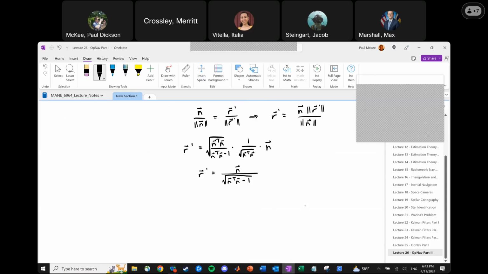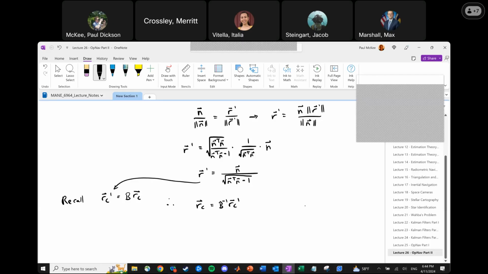Okay. So recall that RC, so we dropped the C subscript. This is the position in the camera frame prime. Well, that's just B or C. So the R, which is this R, is a scaled form of the actual position of the spacecraft. Therefore, we can say that the position of the spacecraft is B inverse times this, right?